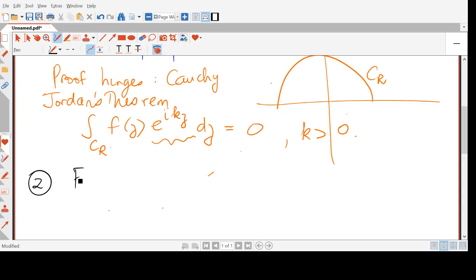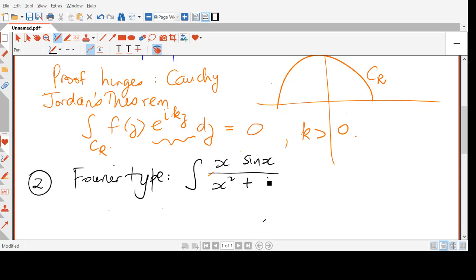So you have the Fourier type, where you have, for example, the integral of x sine x over, let's say, x squared plus 9. Again, at the bottom you've got complex valued roots, and on the top you've got sine x, maybe sine 2x, 3x, whatever. So that makes it a Fourier type.